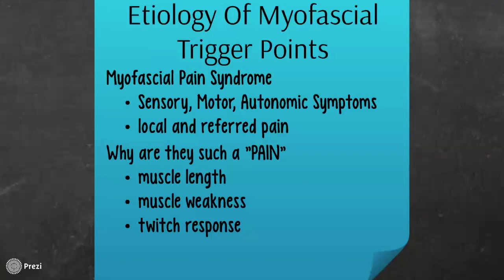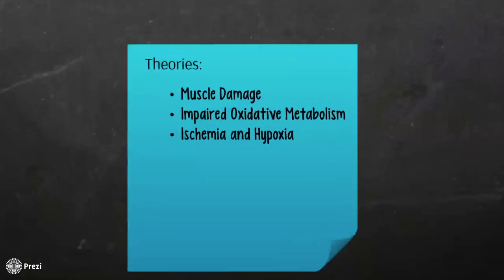So basically, you don't get a full length of that muscle. The muscle gets weak. This creates a twitch response of those muscle fibers when it is stimulated. And so you end up with those tight, horrible twitches or pains that we've talked about.